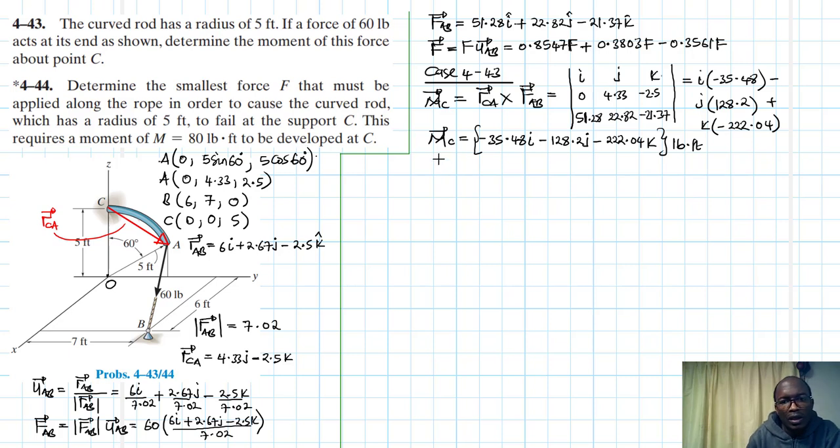Okay, and then the magnitude of this is just going to be equal to 35.48 squared plus 128.2 squared plus 222.04 squared. Okay, so this gives us 258.84 pounds feet.